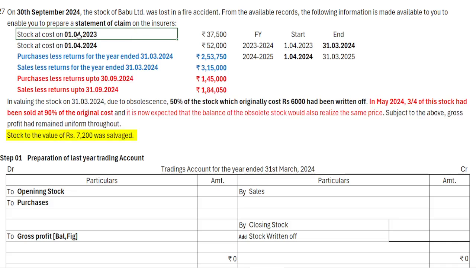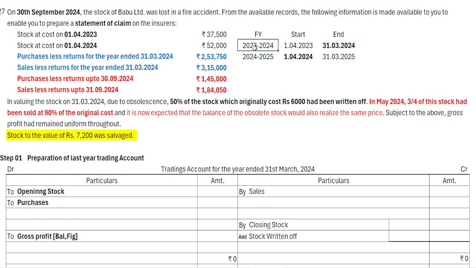Then this is the stock at cost on 1st April 2024. This is 2023 and this is 2024. For the year 23-24, 31st March 2024 is the closing balance, while 1st April 2024 is the opening balance for the next year.